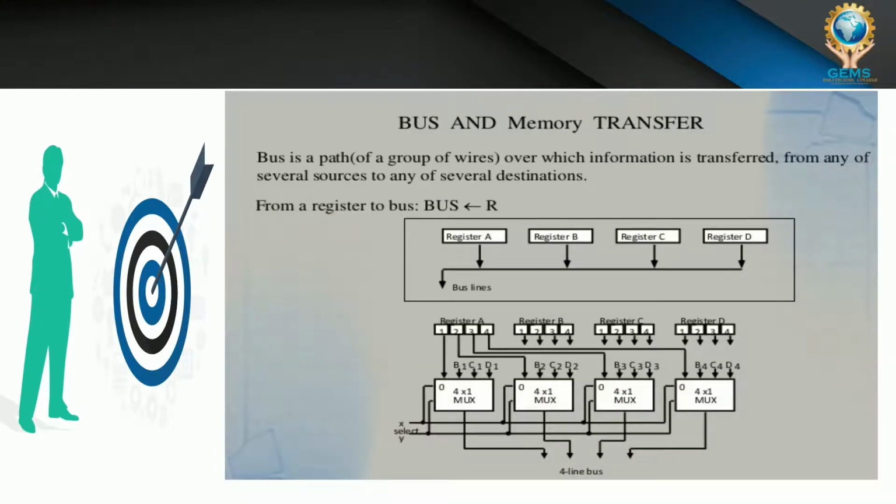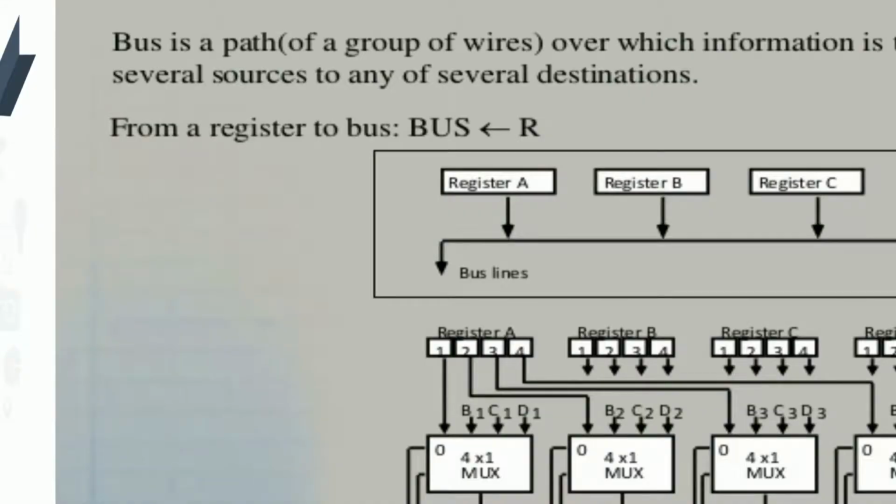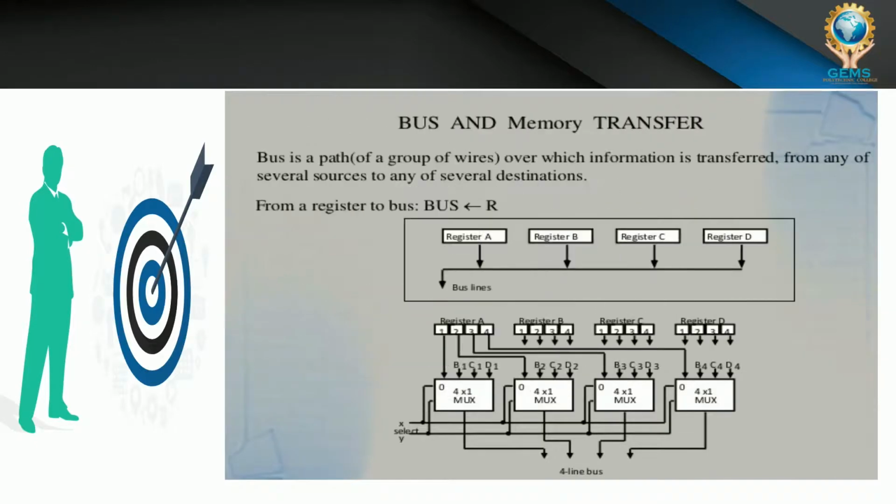Look at here. I want to draw the truth table. This is a 4-bit register bus. Here, which register will be selected based on the selection line? Selection lines are S0 and S1.